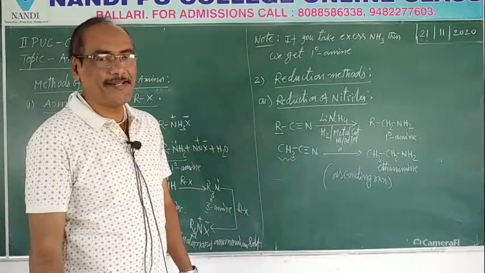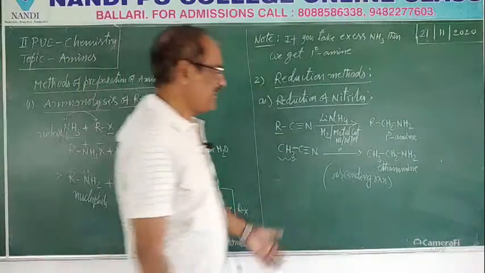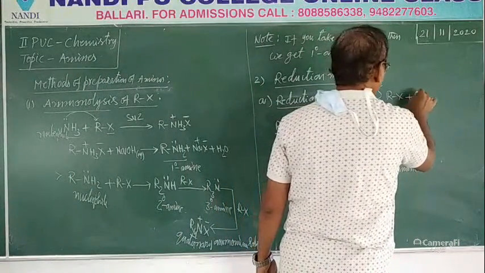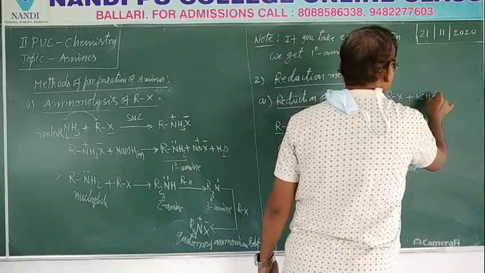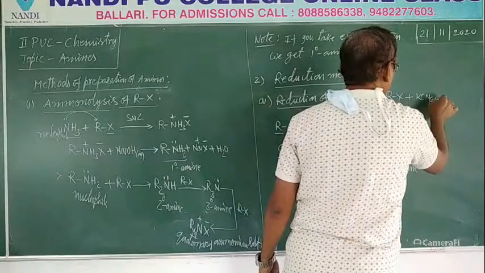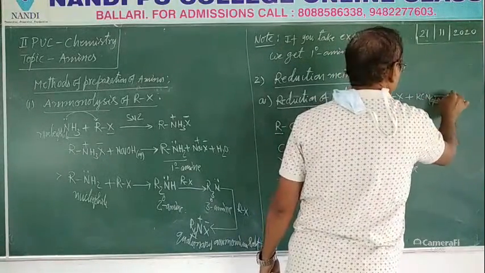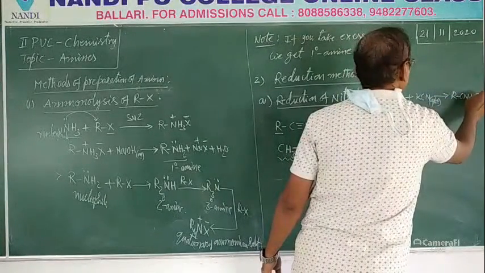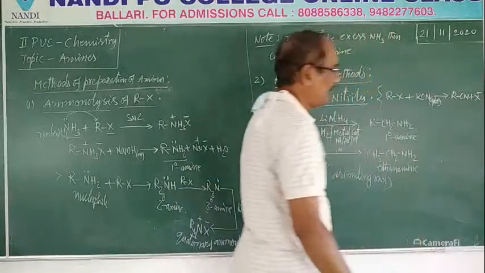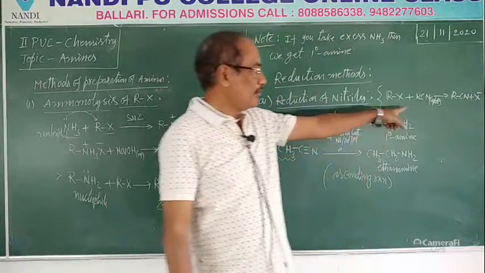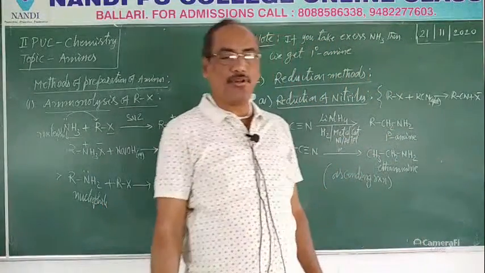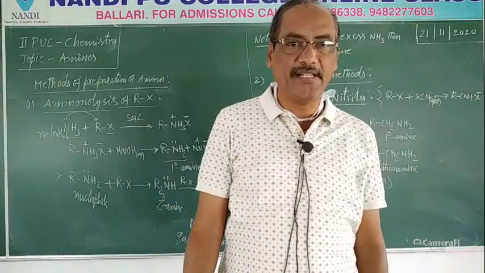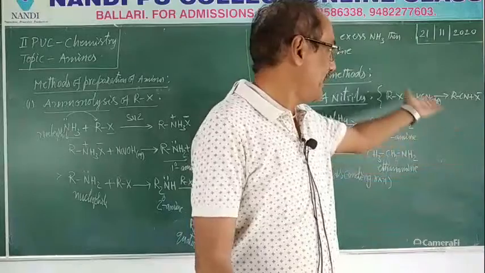You know how to get nitriles? It is very simple. You can take alkyl halides with KCN, aqueous or alcoholic. Then we will get RCN plus X minus. Cyanide ion is a strong nucleophile, so it can replace the weak nucleophile, that is the halide ion, so that you will get alkyl nitriles.